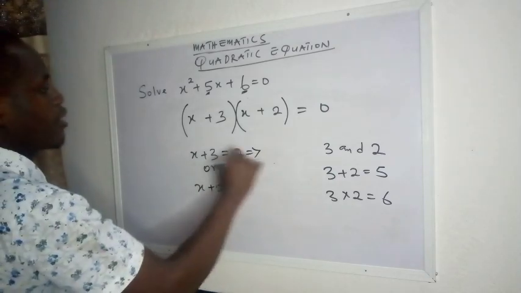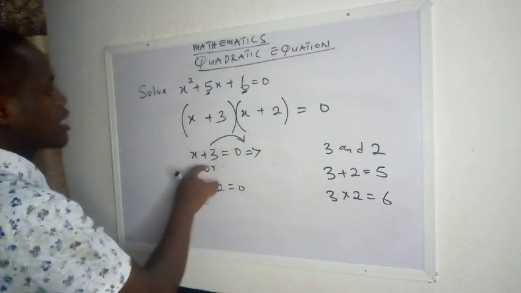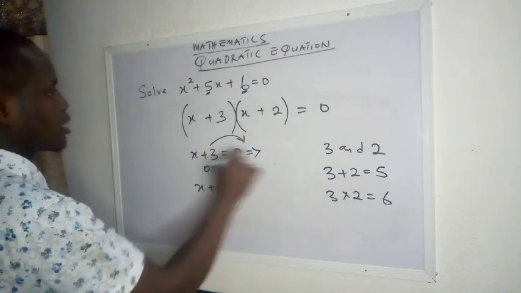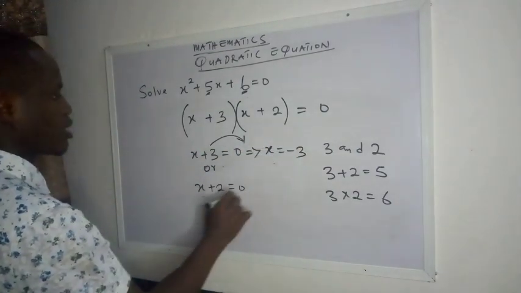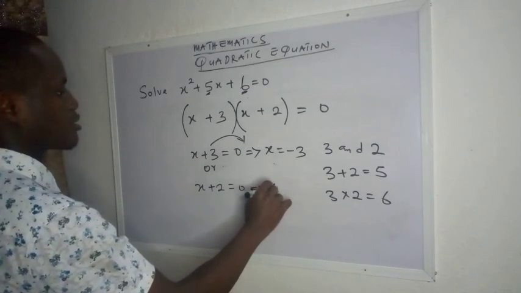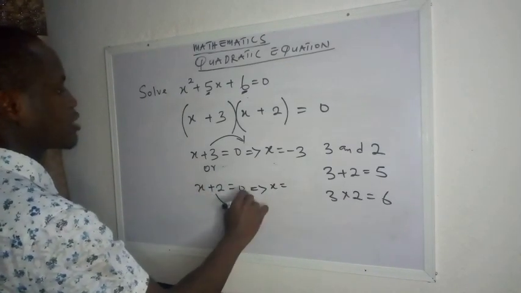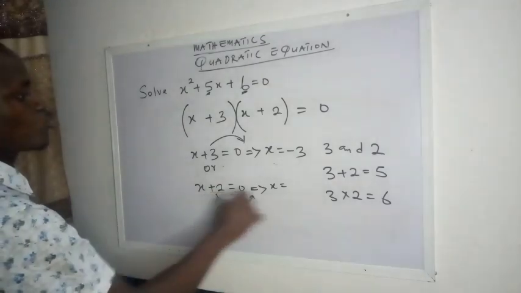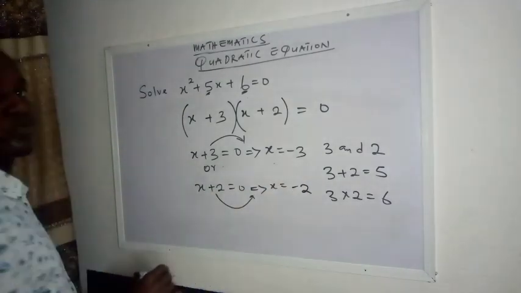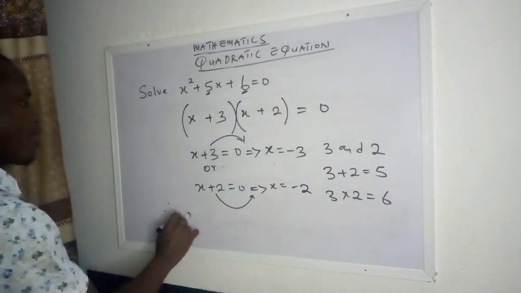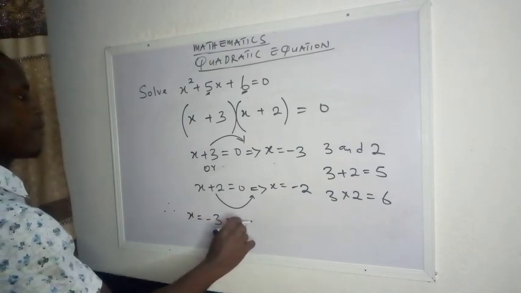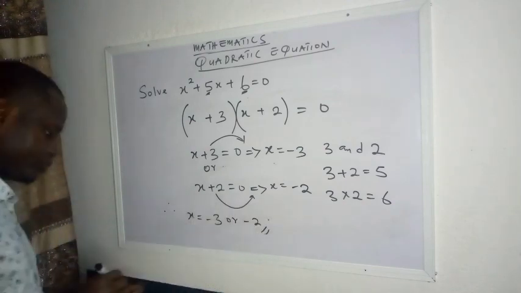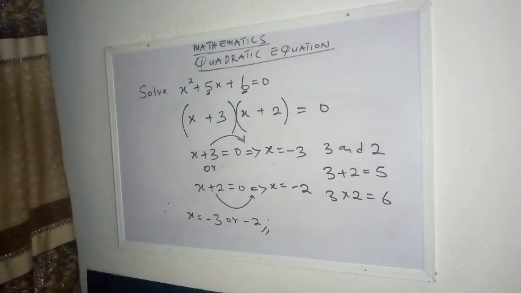If I solve here, as this one crosses the sign of equality, the sign changes to minus 3. So I'm going to have x equal to minus 3 here. The same thing happens here: as it goes over to the other side, the sign changes from plus 2 to minus 2. So therefore, our x is equal to minus 3 or minus 2. Very simple.